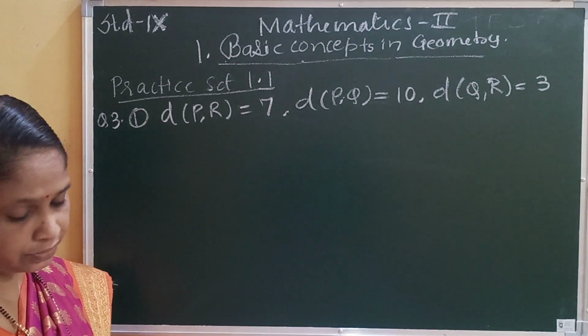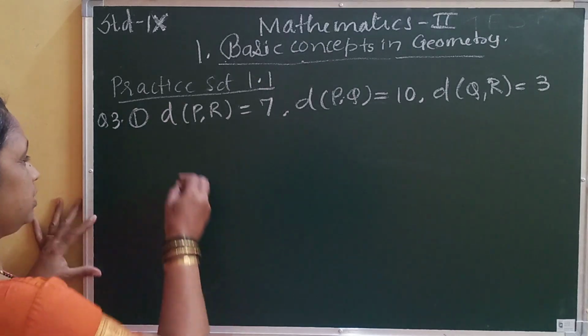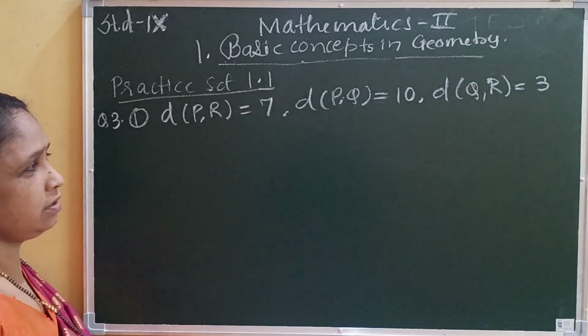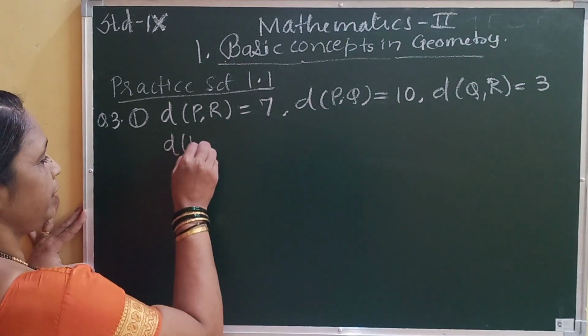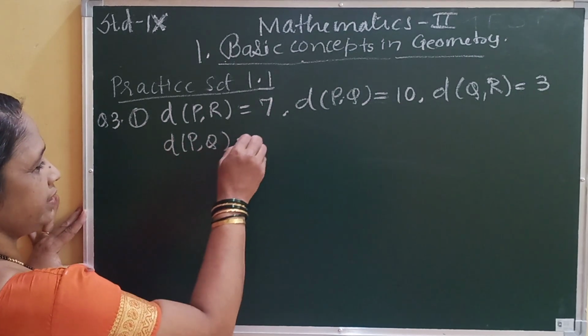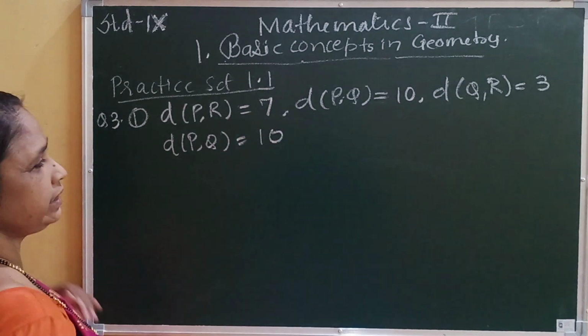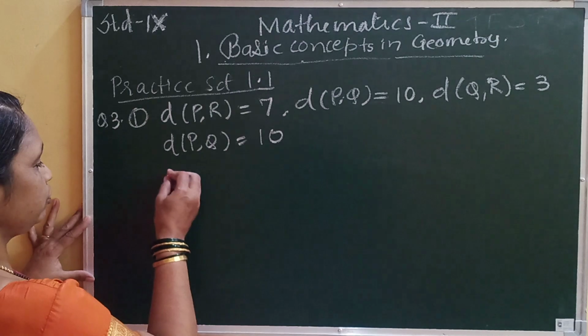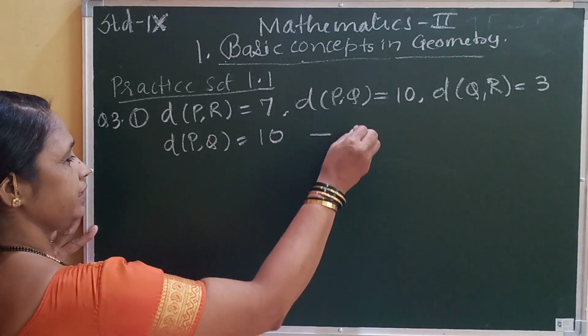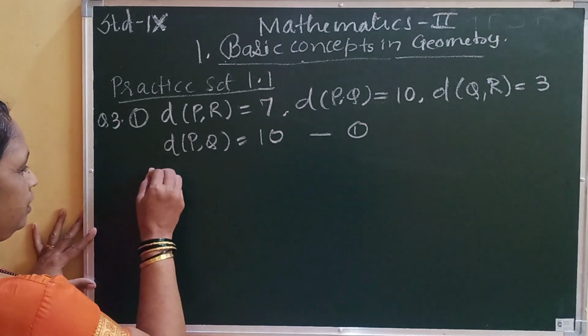We have to decide which point is between the other two points. For that, among these three distances, which is the greatest distance? The distance PQ is the greatest, which is 10. For the other two distances, we have to take the sum. We give this the name 1.